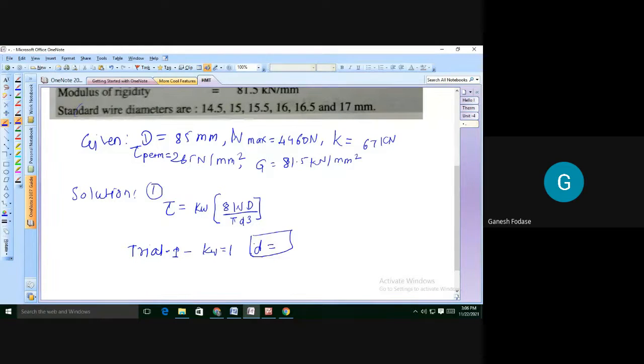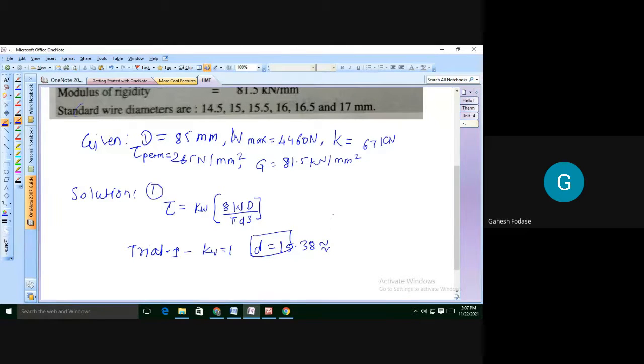Put the values. Our first assumption, our trial 1, is KW is equal to 1, that is the wall shear stress factor is 1. So what is the value of d? 15.386. Okay, right, it is approximately 15.38.